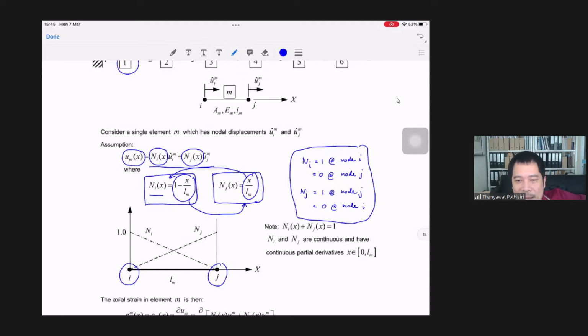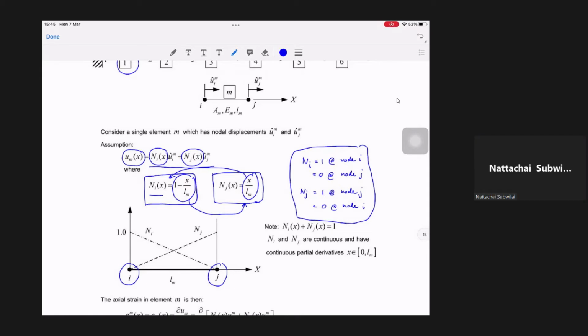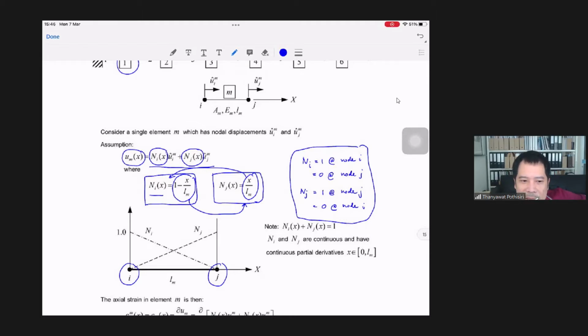And if so, what would happen? Can it, Natachai? Not likely. Why not? The problem is, why does Ni have to be 1 at node I and 0 at node J?